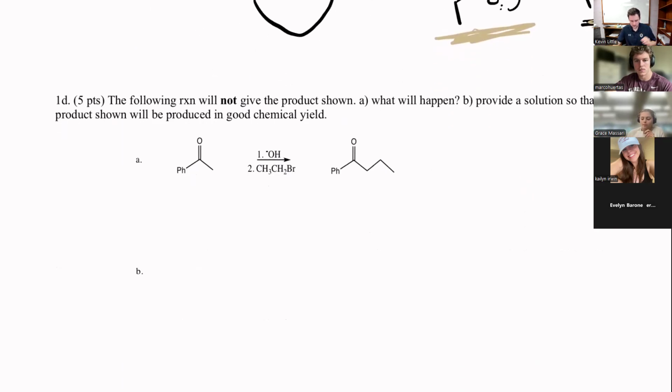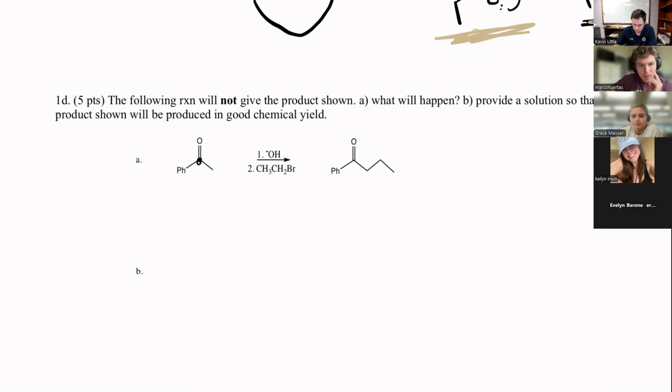Okay, so this is something that we didn't talk about much today, but it's worth thinking about. What's going to happen here? Step one, I've got a base and I've got this carbonyl. Do I have an acidic proton anywhere? Off of the phenyl?